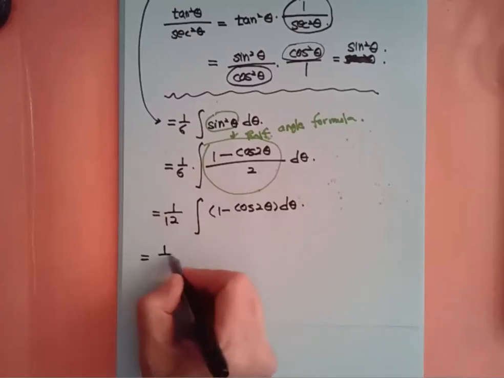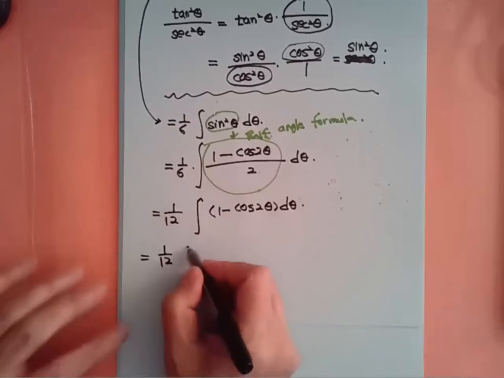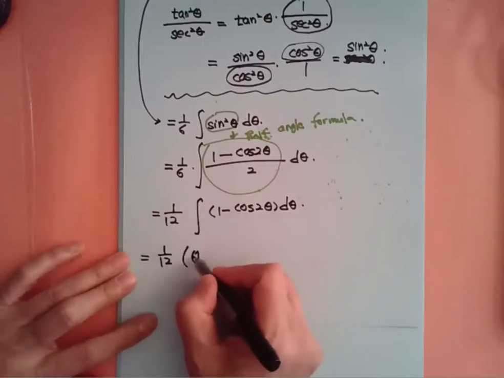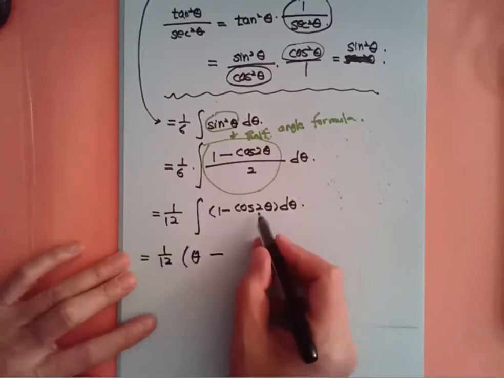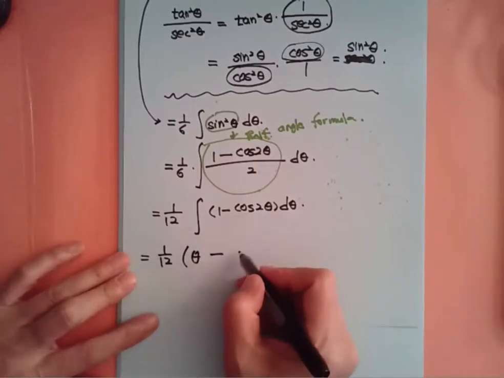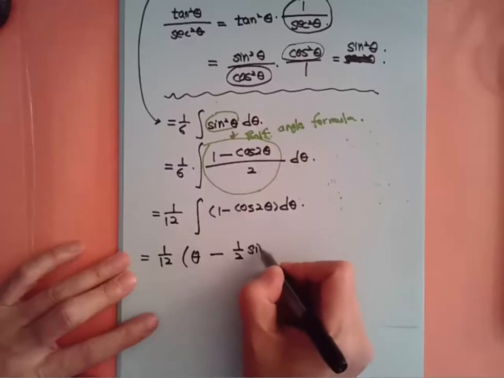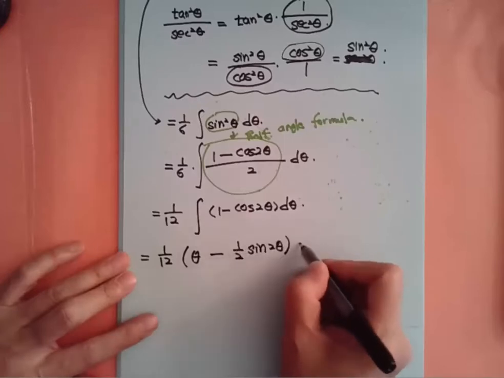So we have 1/12. If we integrate 1, then that becomes theta minus, we divide by the same number in front of theta, so 1/2 sine of 2 theta plus c.